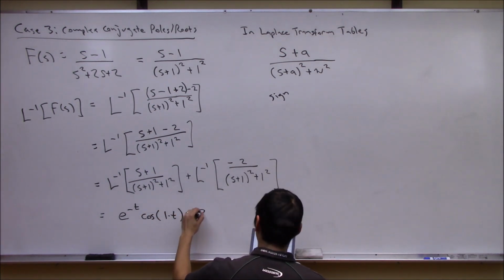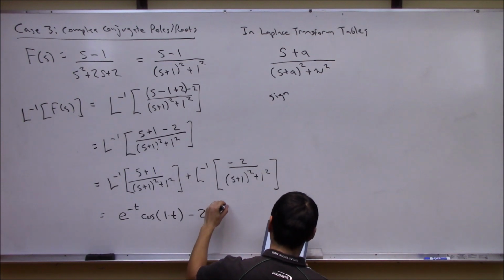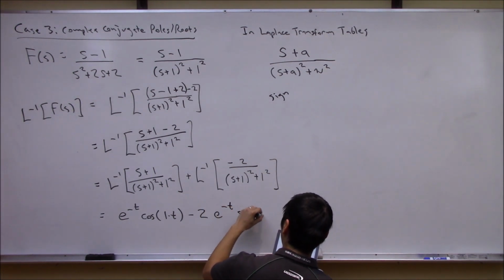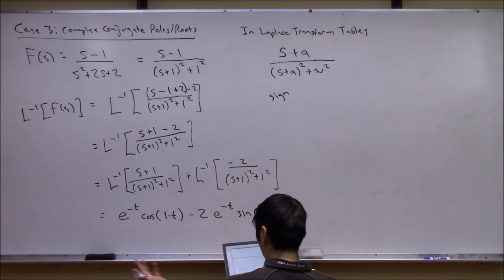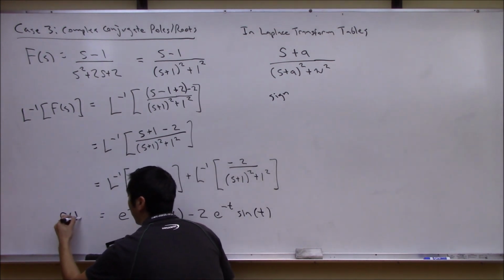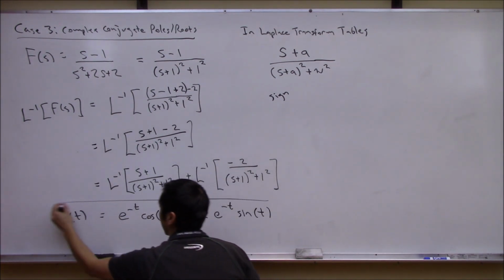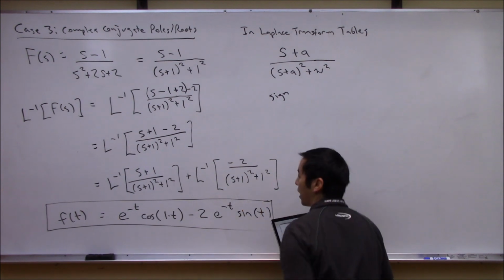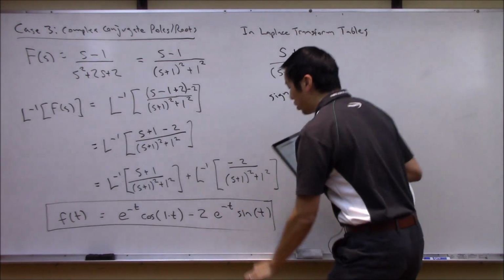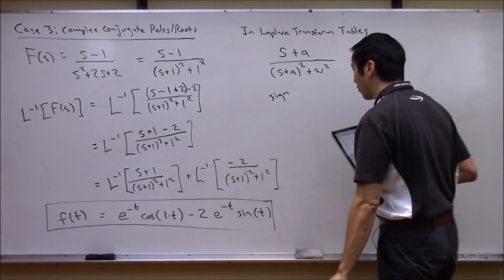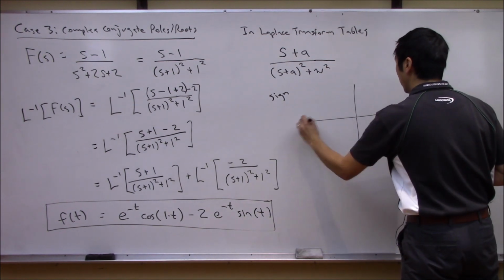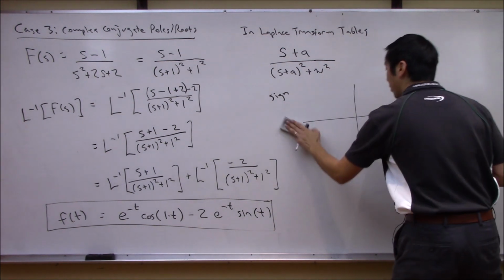And then we've got the minus 2, and this is e to the minus t sine of t. So there you go. Here we are. f of t looks like this. And again, it might be worth our time to think about what this looks like, right? So what this looks like, whoops, sorry, I plotted that wrong.